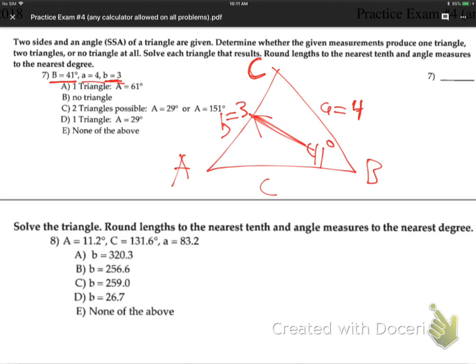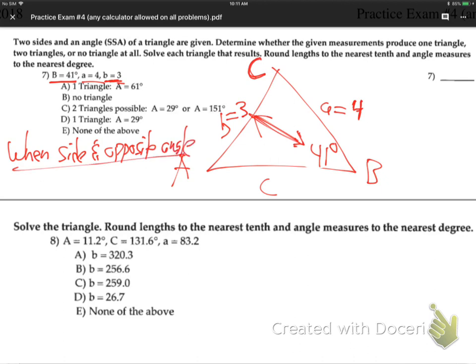Whenever you have a side and the angle across, you've got a matching pair for the law of sines. Whenever you have side and opposite angle, do law of sines. So that's how I know I'm going to do law of sines, not law of cosines.